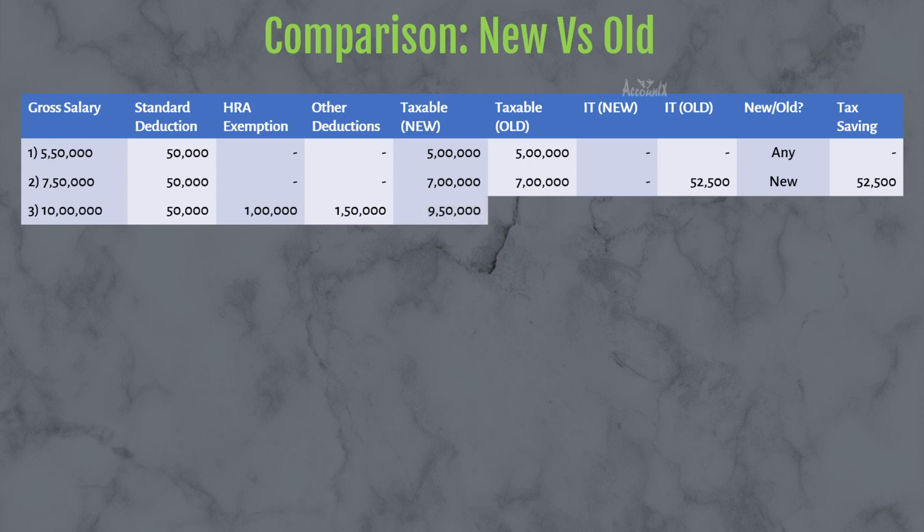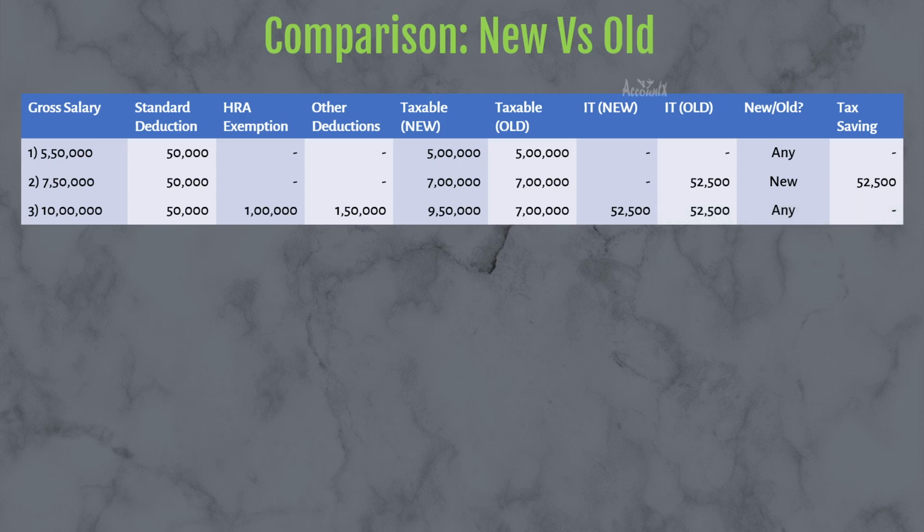So your taxable salary in new tax regime is 9.5 lakh, and that in the old tax regime it is 7 lakh, that is gross salary as reduced by standard deduction, HRA exemption and other deductions. So your tax liability in new tax regime is 52,500. This is going to be same even in old tax regime. So here also from income tax point of view, you can choose any tax regime.